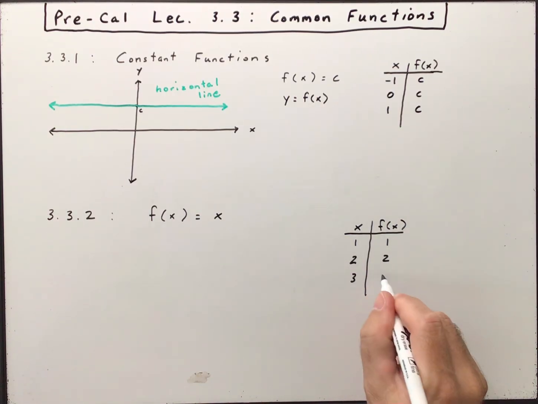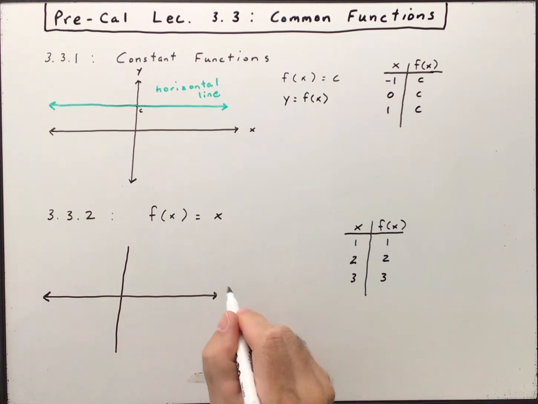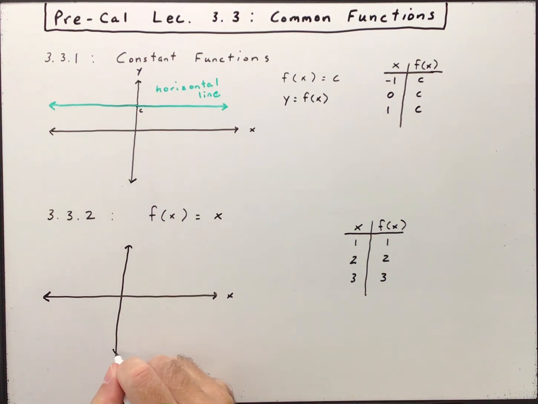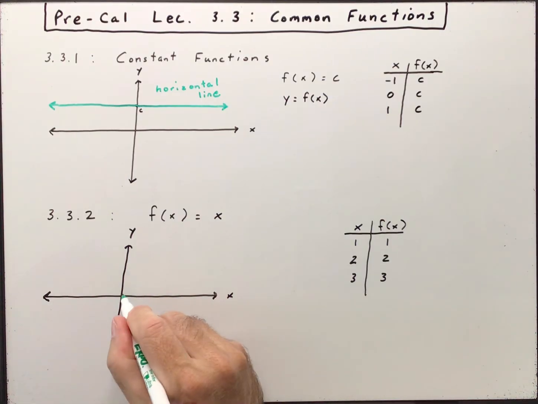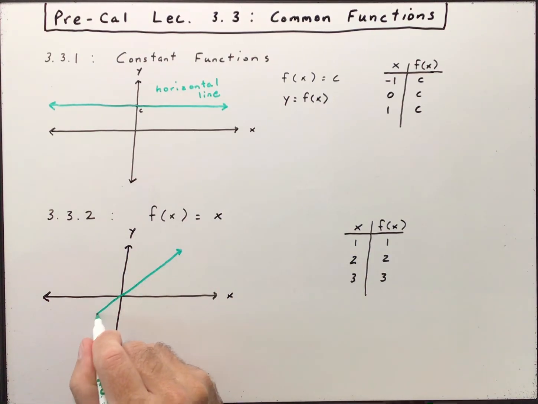If x is 3, y is 3. Okay, so draw this graph out. My vertical line is not particularly vertical there, but you can do better. Okay, so what this function looks like is really, it just bisects the first and third quadrant at a 45-degree angle.